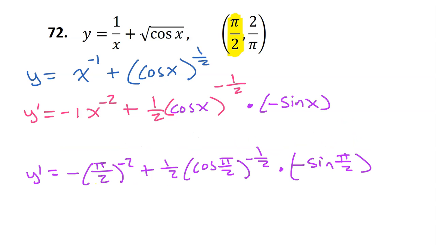I just realized there's a little statement I need to add in here before I put in the pi over 2 for all the x's. I need to say at x equals pi over 2. If I don't say that, it looks like I'm saying this is the function for the derivative now.